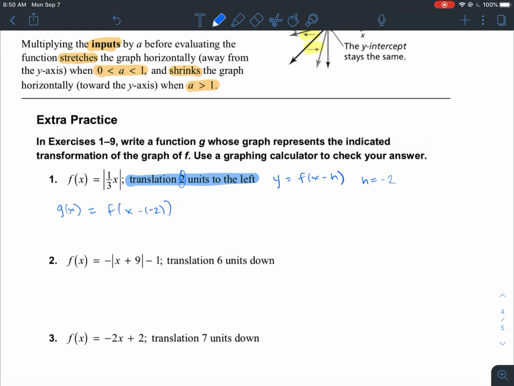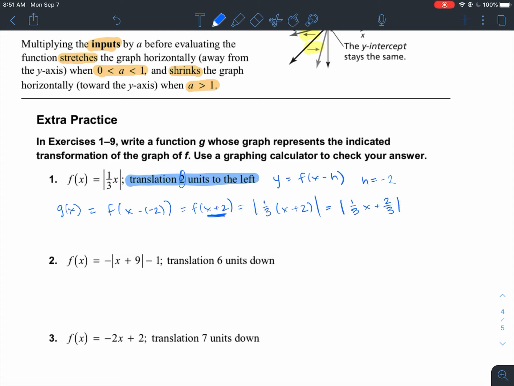So let's plug that into our function now. So then this is equal to f of x plus 2 if we simplify, which is equal to 1 over 3. Now instead of x, we're going to put whatever we have here, x plus 2. Okay? So if we simplify that, we have 1 over 3 x plus 2 over 3.